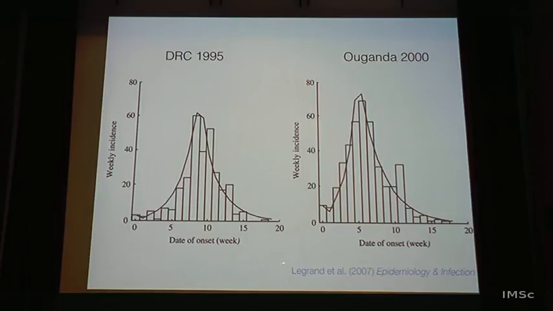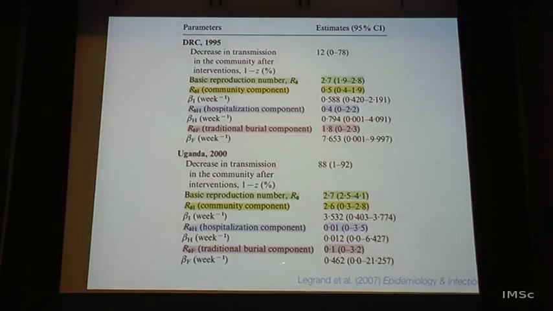So you fit your model to the data, you look at the parameters, and here you have the parameters for DRC and here for Uganda. What you are mostly interested in is the basic reproduction number. Here, the basic reproduction number is 2.7, and it's exactly the same for Uganda. Not that surprising because the epidemic curve looks very similar.